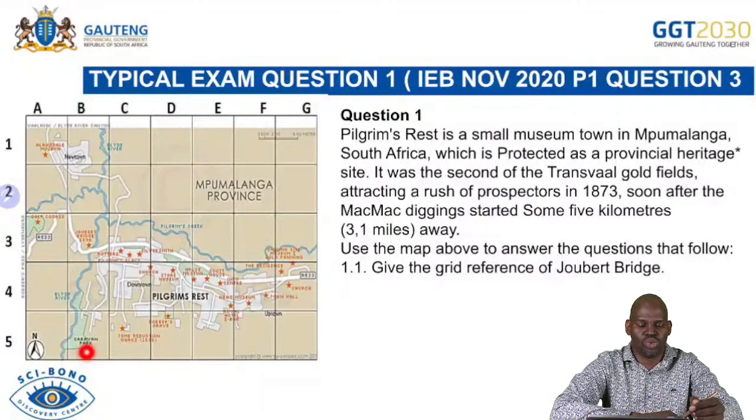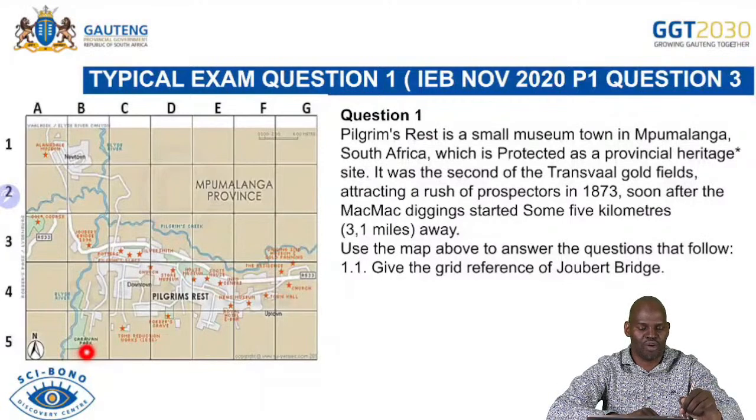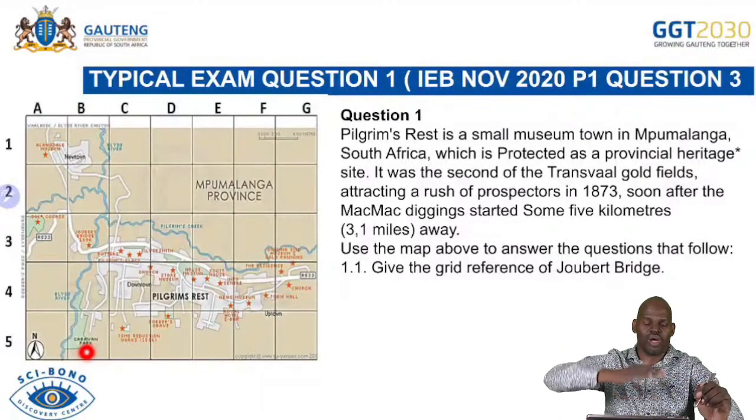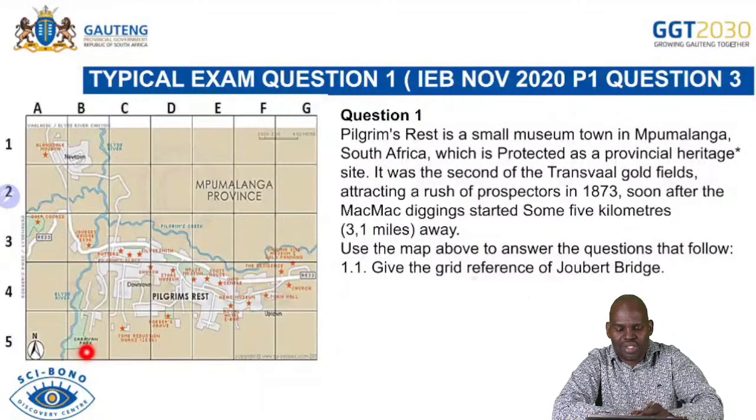So you've got 1, 2, 3, 4, 5, 6 blocks sideways, and you've got 1, 2, 3, 4, 5 blocks going down. So when they say a grid reference, they want to know in which block do you find Joubert Bridge? That is the grid reference.